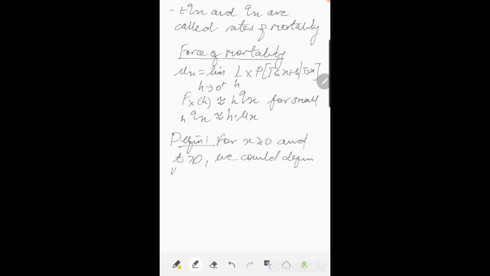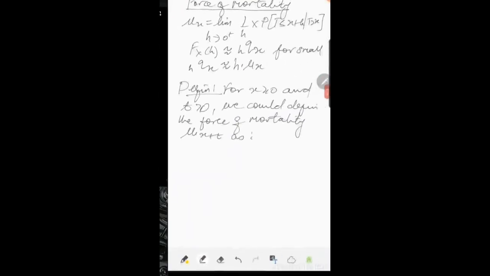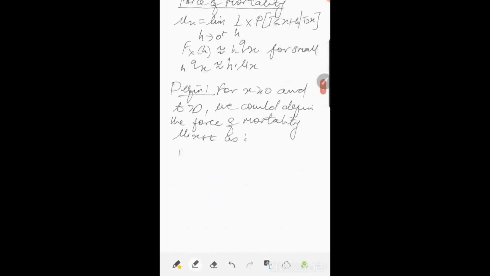So the first definition is mu x plus t, which is the same as the limit as h approaches 0 plus of 1 over h times the probability that T is less than or equal to x plus t plus h given T is greater than x plus t.